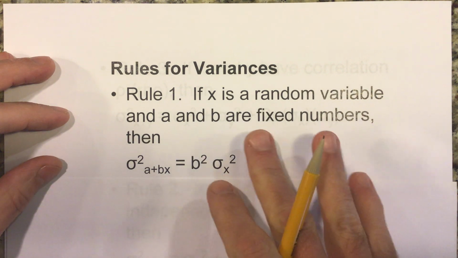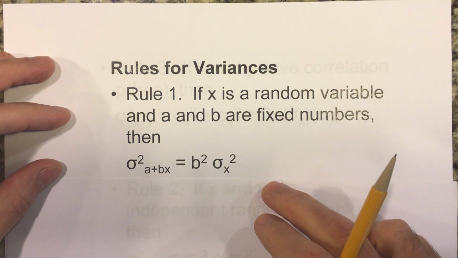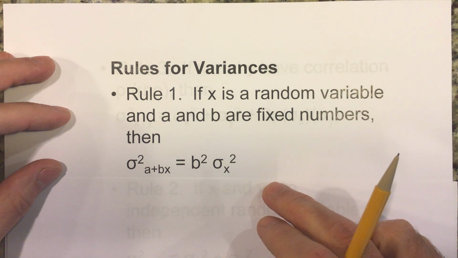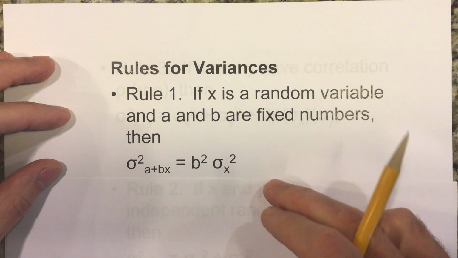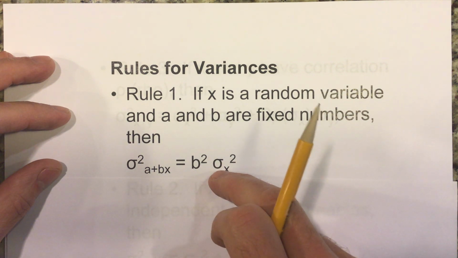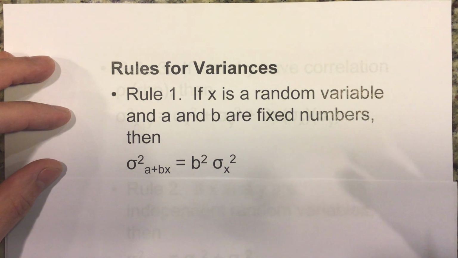If you don't believe me, just make up a data set, calculate the variance, then go back, add something to every value and recalculate the variance. You'll get the same thing. Then take that original data set, multiply it by something, calculate that new variance, and sure enough, the new variance would be the old variance times the square of your multiplier, whatever your multiplier is, other than 0.